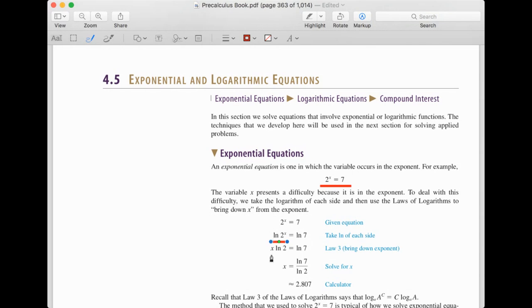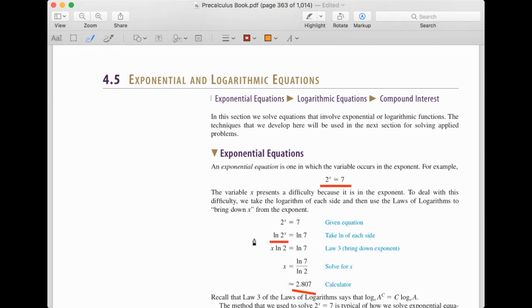So that becomes x ln 2 equals ln 7. ln 7 is a number, ln 2 is a number, and we don't care what it is at this moment. We just keep it. We don't really have to evaluate. But if we want to evaluate, we punch into a calculator, we get ln 7, then ln 2, then we divide those numbers. It's approximately 2.807.